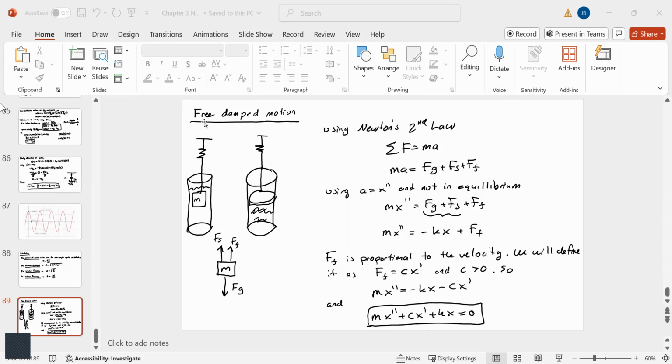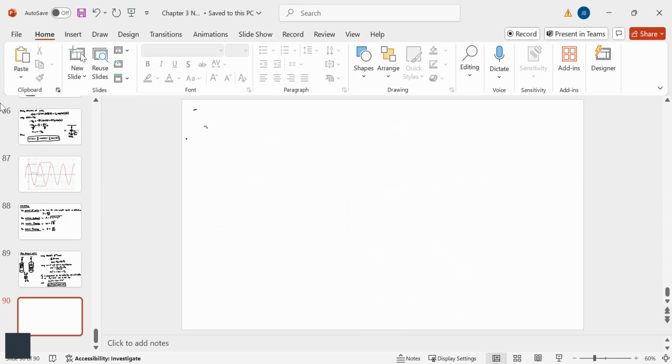Now, if we want to solve this differential equation, we will make some manipulations, manipulate some variables out of convenience.